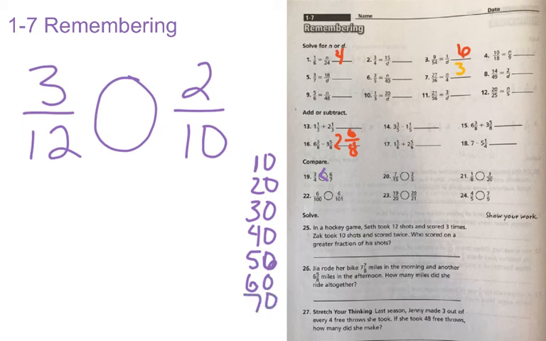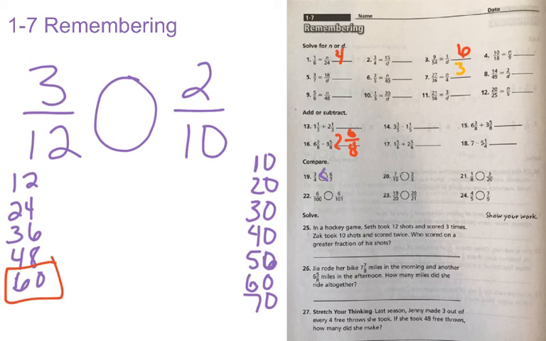My multiples of 12 are 12, 24, 36, 48, 60, and once I get to 60, I can see that I know that 12 times 5 is equal to 60. And I also have 60 as a multiple for 10. So I need to multiply both sides by whatever number is going to get me to 60. Well, 10 times 6 is equal to 60, so I multiply top and bottom by 6.